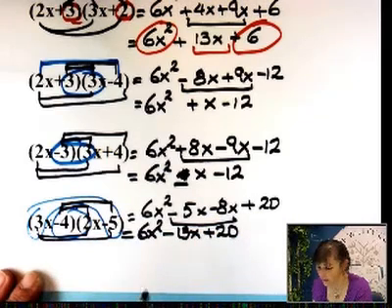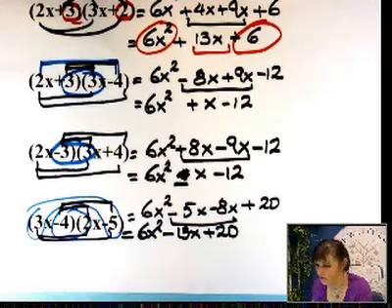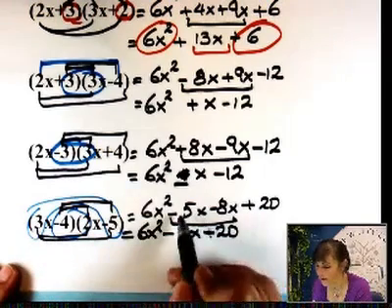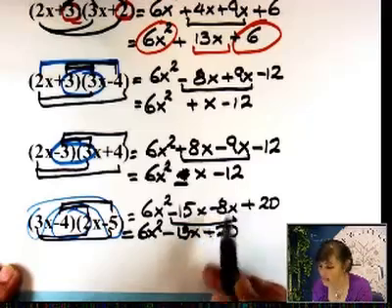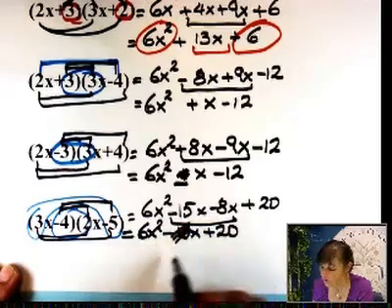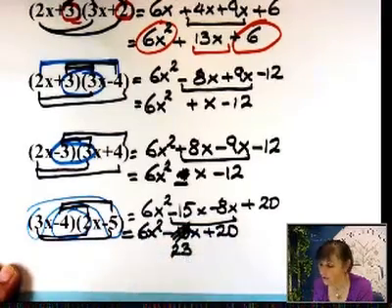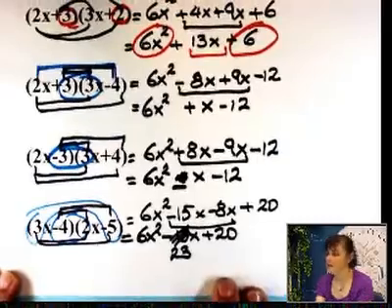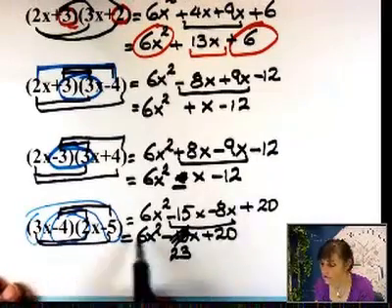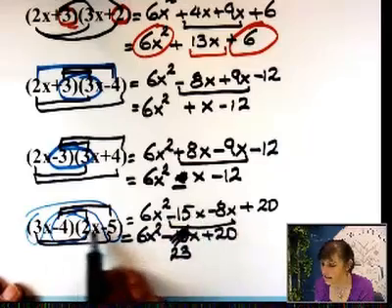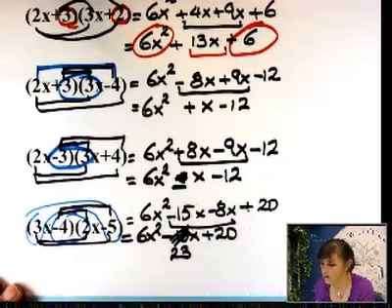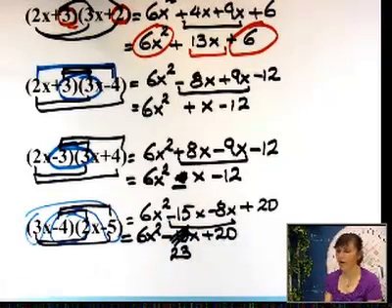Okay, I did that one wrong. So let's multiply 3x and 5. That one is negative 15. Negative 15 minus 8, that's negative 23. Here we go. I must be going too fast. All right, 3x times 2x, 6x squared, minus 15x minus 8x plus 20.